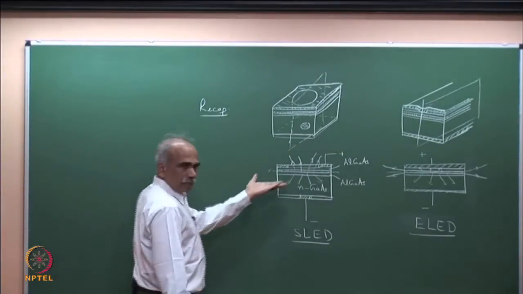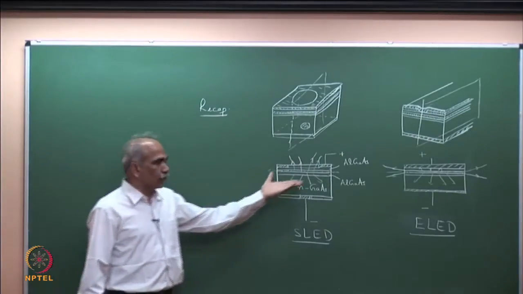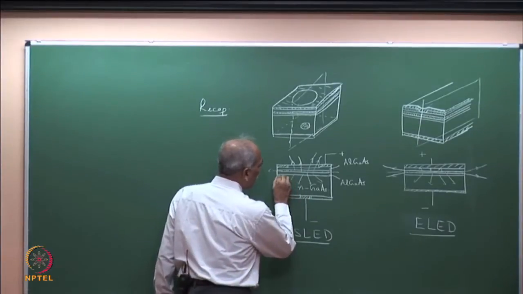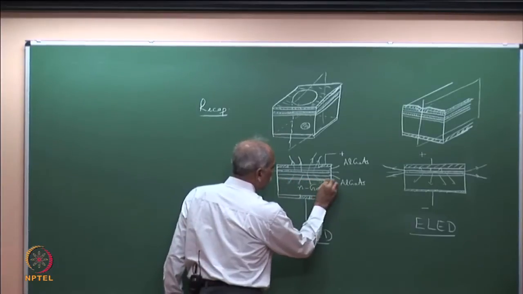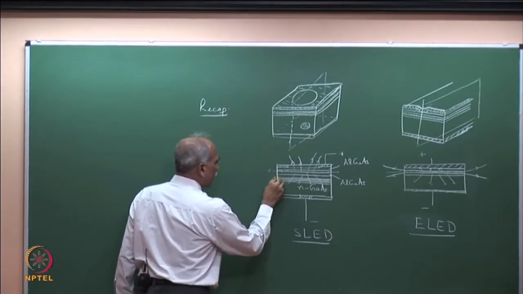There were some efforts, there are some designs where one can make use of this. For example, there are designs in which you have a Bragg reflecting stack in the cladding. This is called a Bragg stack.